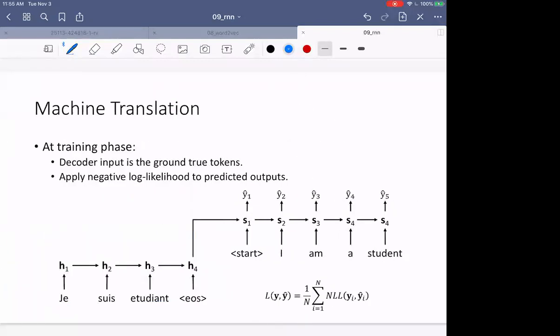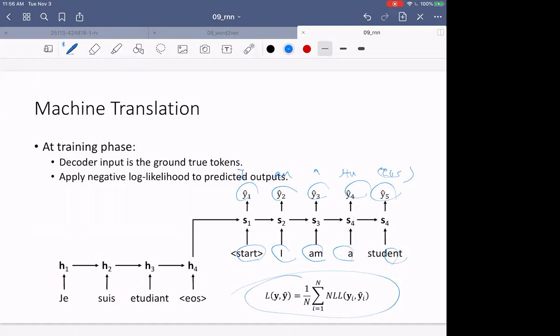Obviously, when you're training it, you just feed the ground truth English words to the decoder, and then you try to make the correct predictions at each time step, which should be I am a student EOS. These are the correct tokens, and you do the negative log likelihood estimation, and just gradient descent basically.